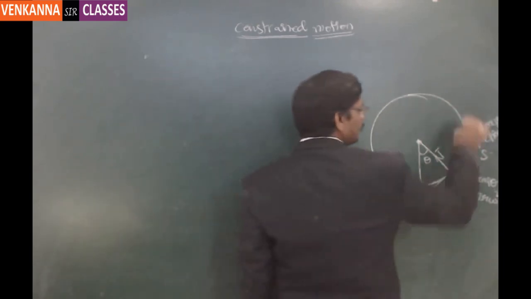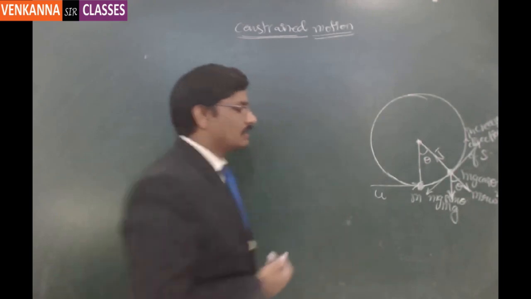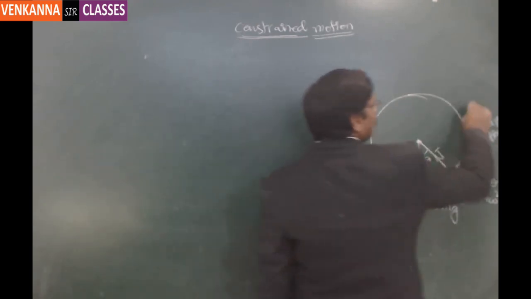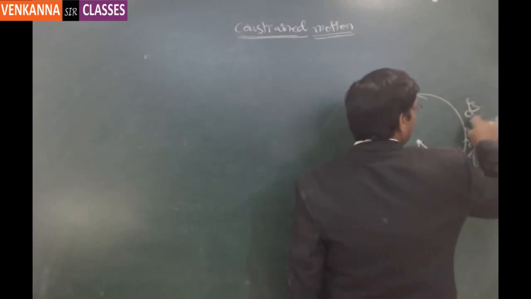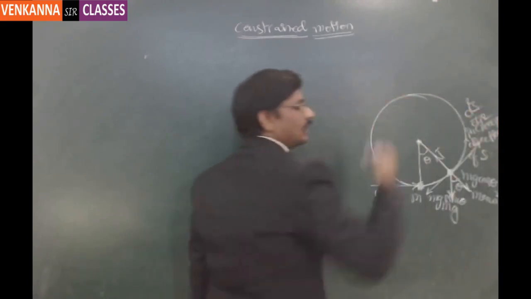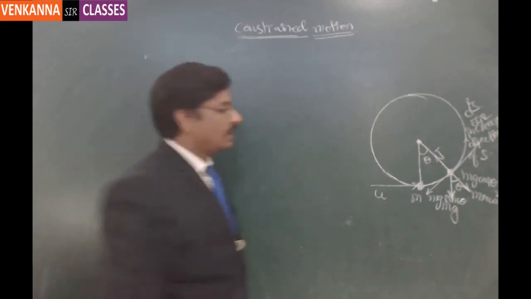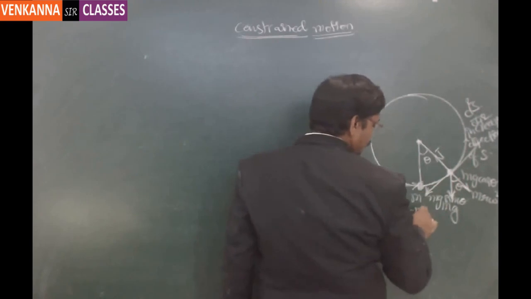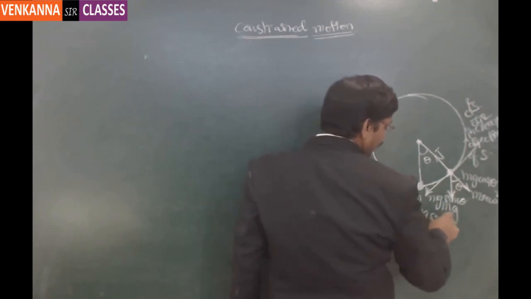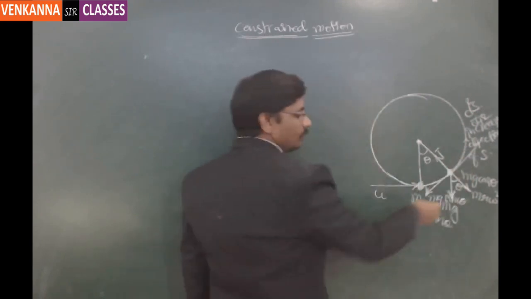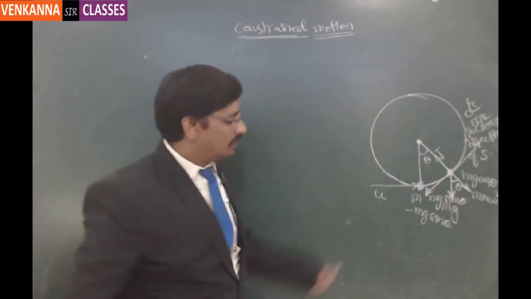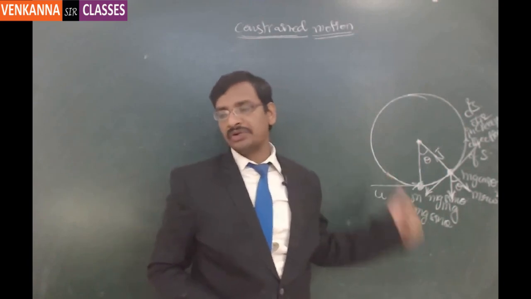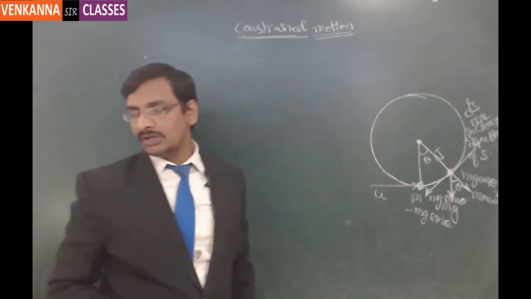So this is the S direction, and the acceleration in the increasing direction of S is d square S by dt square. And there will be a counter force which is dragging opposite to that. That is minus mg sin theta, which is opposite to S. By magnitude it is mg sin theta, but it is in the decreasing direction of S. Hence we have to treat this as a negative value. Got it?